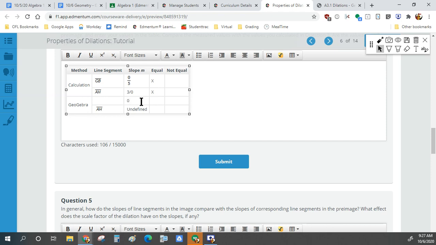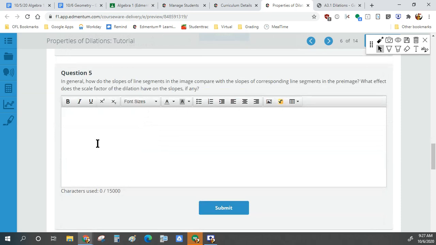GeoGebra said this was 0, and that was our GB. And we're going to say that they're both equal, because 0 is the same thing as 0 divided by 5. You cannot divide by 0, so it's called undefined.